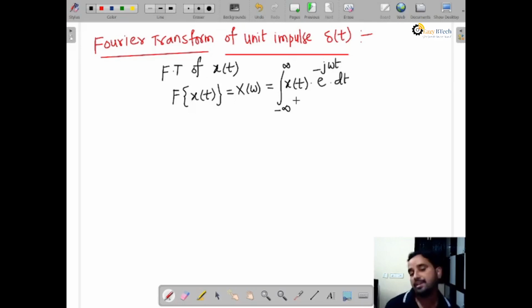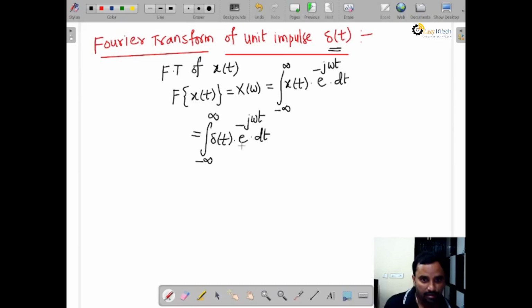So what is the given x of t here? Given x of t is del of t, unit impulse function. So take that in the place of x of t, that is del of t e to the power minus j omega t dt, right?